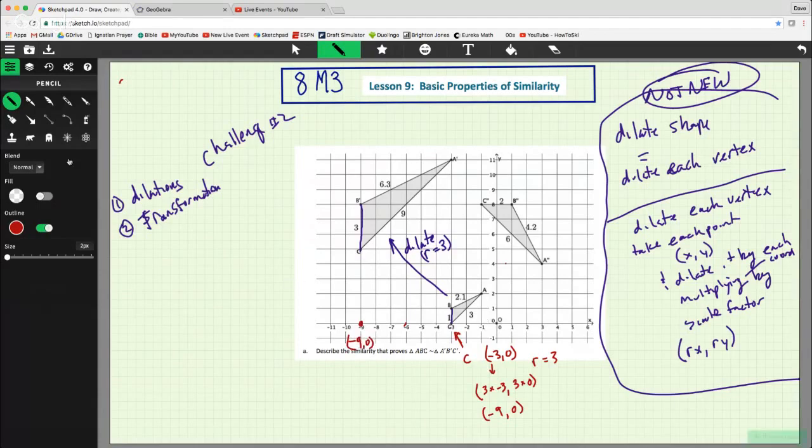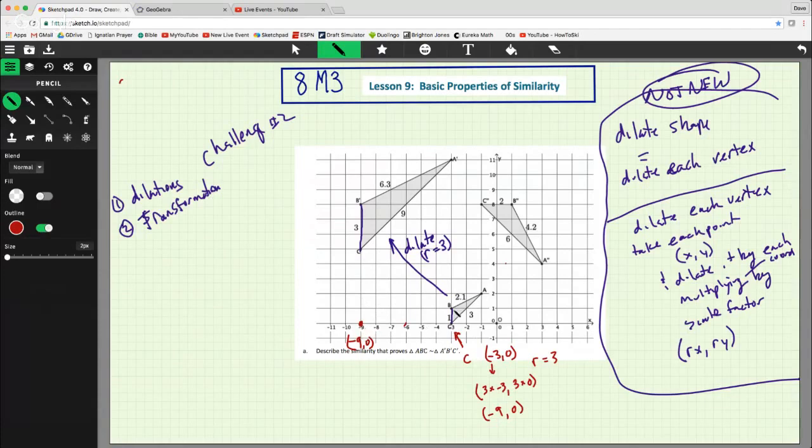So I've dilated it. Remember, we dilate about the origin. That point is going to be right on this line, and it's going to be 3 times further. So there's my 3, and there's my 3, and there's my 3. So it works out. Our formula of multiplying each coordinate by our scale factor does indeed get us this correctly dilated point.